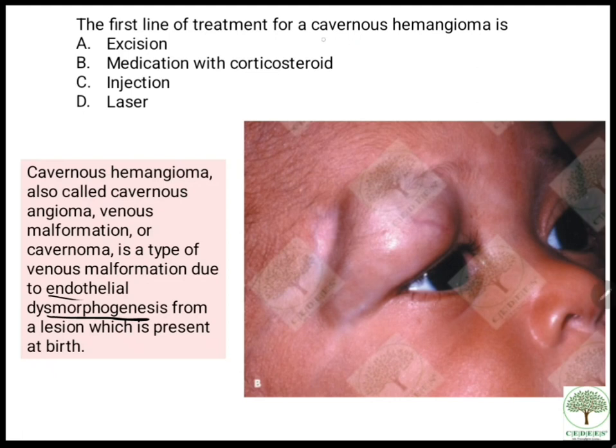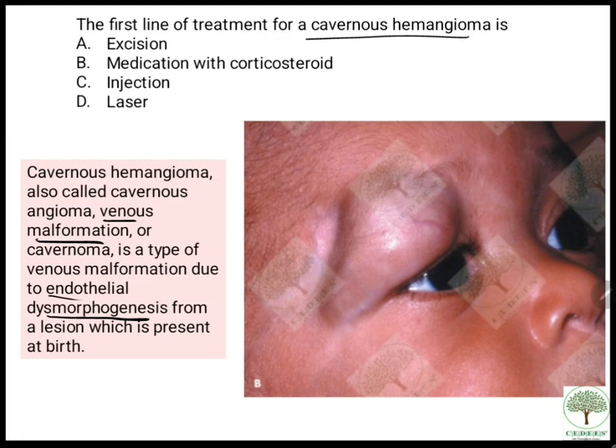So when we talk about a cavernous hemangioma, it is nothing but a venous malformation. Now, when we talk about arterial versus venous malformations, venous malformations have relatively slow flowing blood, whereas arterial malformations are much more dangerous because the blood flows very fast through the arteries and there's a very severe and high risk of fatal bleeds which can even kill the patient.